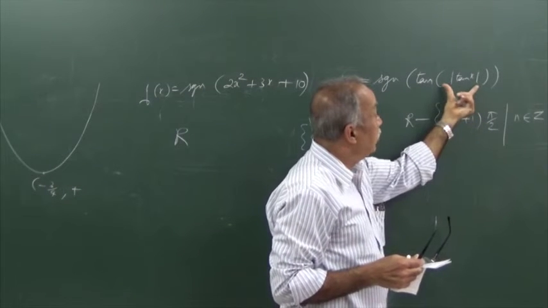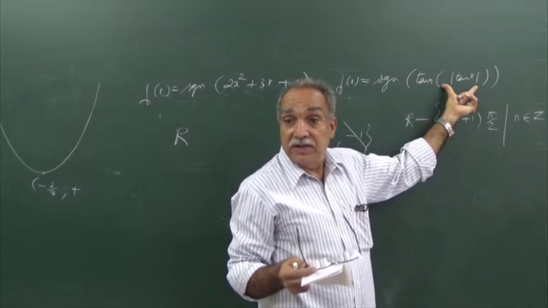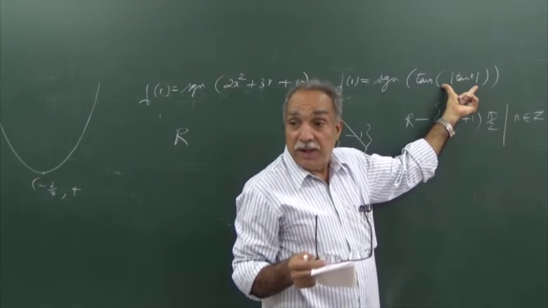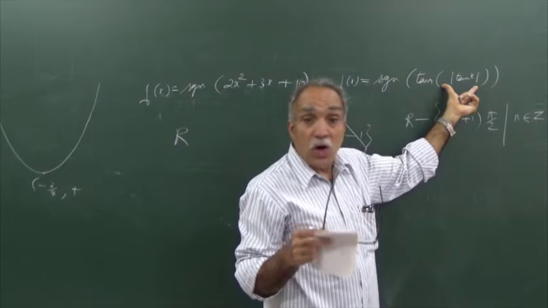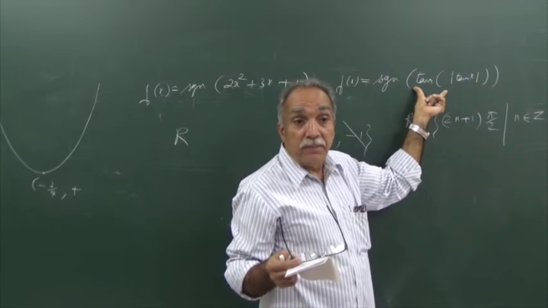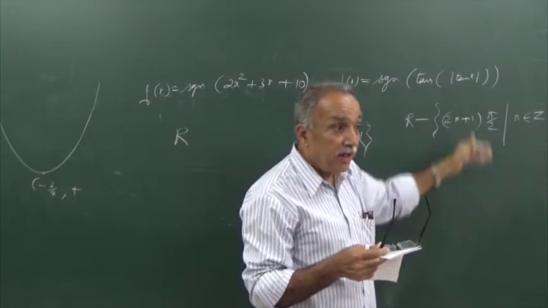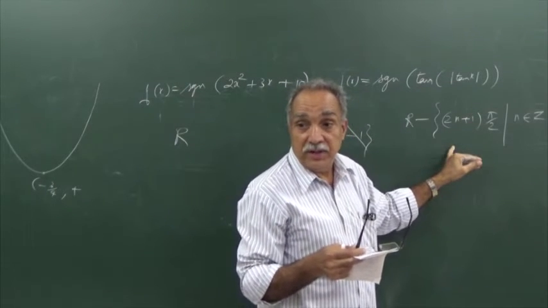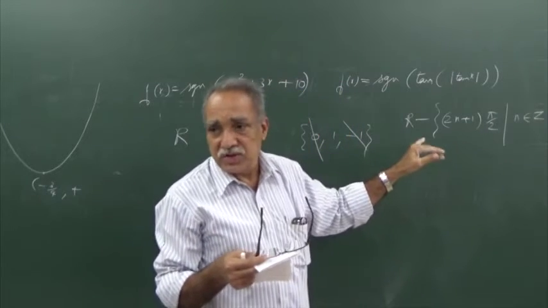When you apply tan, you will be getting numbers between 0 and infinity. That interval again contains points like pi by 2, 3 pi by 2, and so on. Negative points may not be there, but positive odd multiples of pi by 2 are there. For those points, tan cannot be found. So those points also will have to be identified and kept outside the domain. It requires a little more computation. I avoid that.